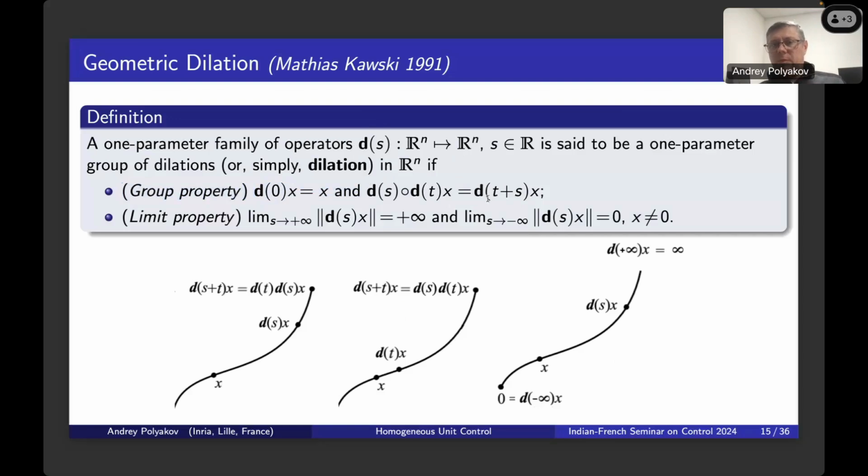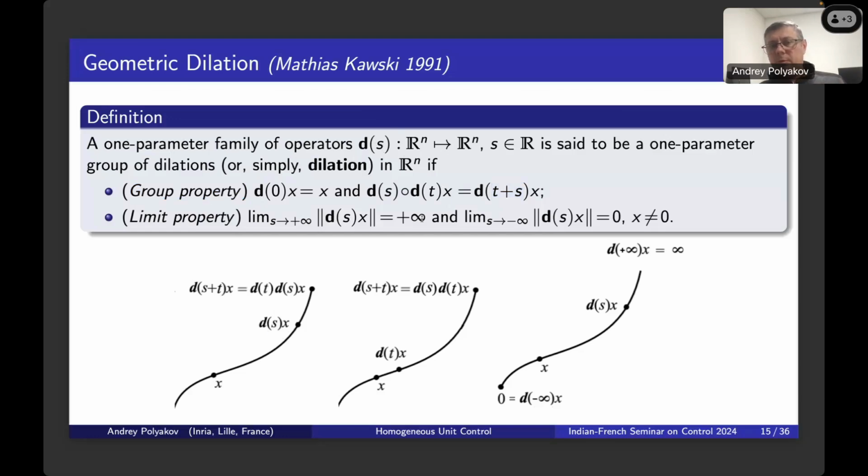dilation with the sum of parameters. Geometrically, it can be easily explained: if we have a vector x, we apply the first operator, we obtain a new vector, scaled. And next, after the first dilation, we apply the second one. It is equivalent to application of dilation with parameter s plus t. I recall that the dilation here by definition is a one-parameter family of operations.